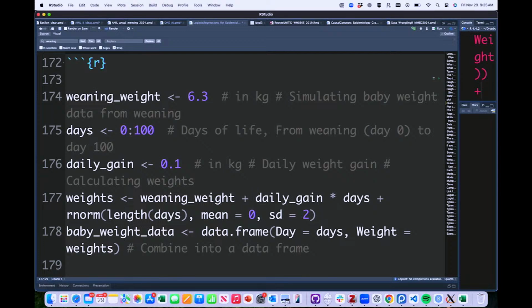Those that have gotten to the baby weight data, you can plot and let's see how the data looks like.